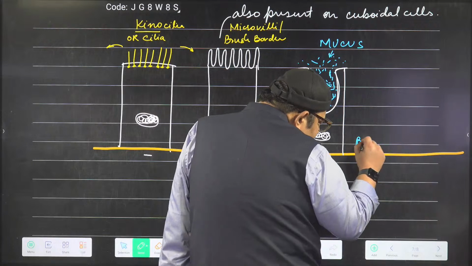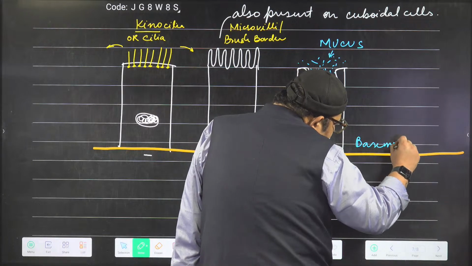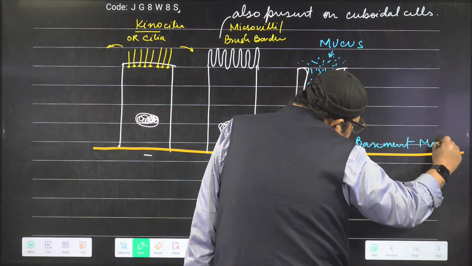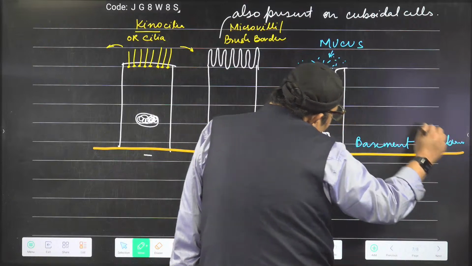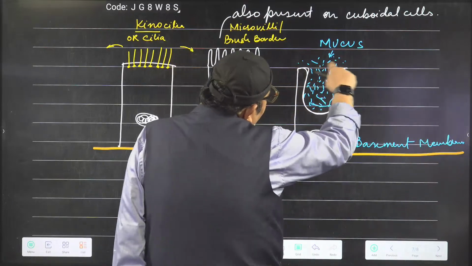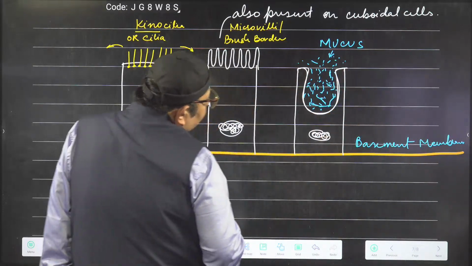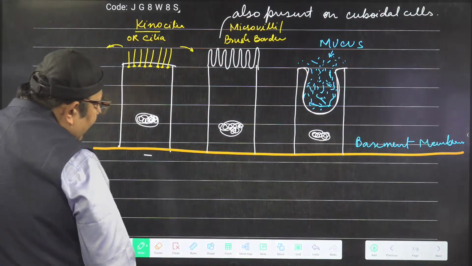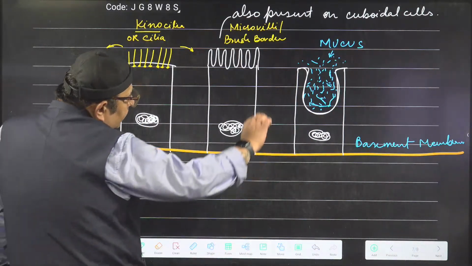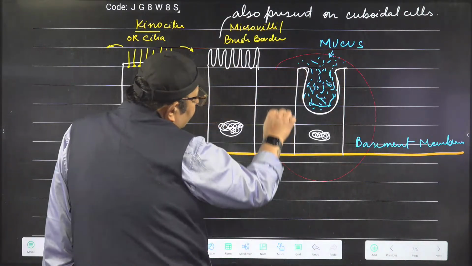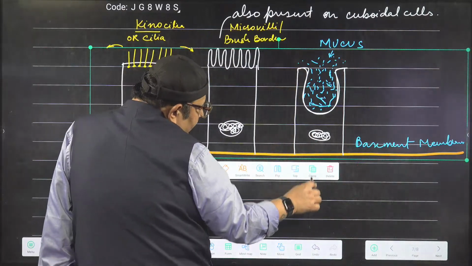And this is a single cell, a gland that produces the mucus.